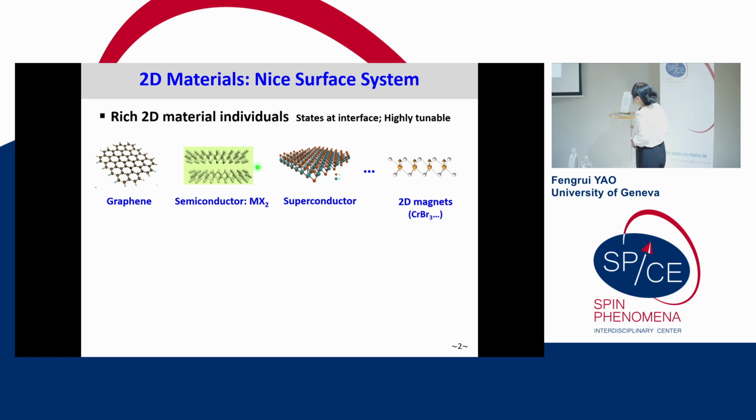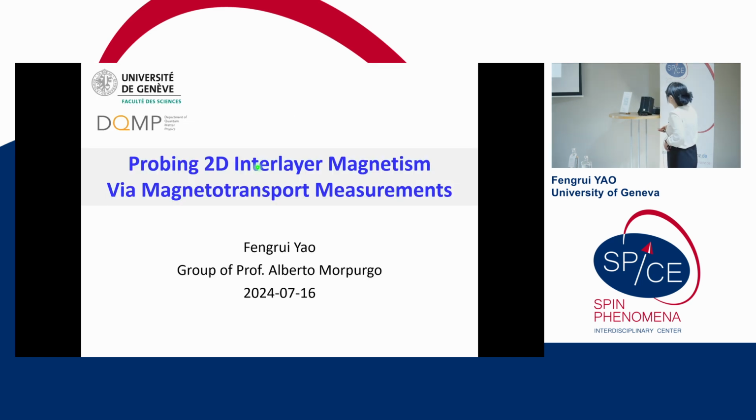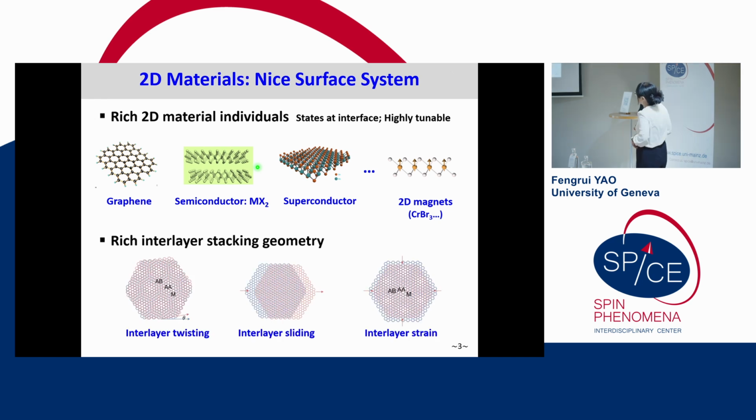They can be tuned by doping, pressure, and also by these interlayer stackings. As we know, recently these stackings can be changed by interlayer twisting, which can cause coexistence of different stackings, and it has become a very hot topic in condensed matter physics.